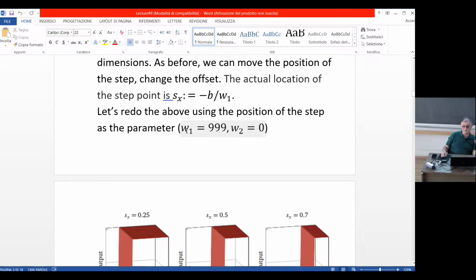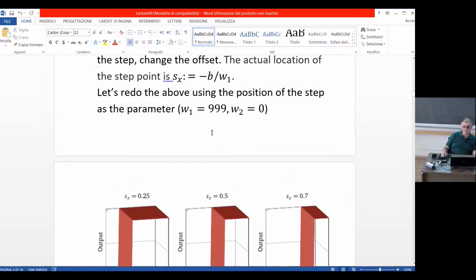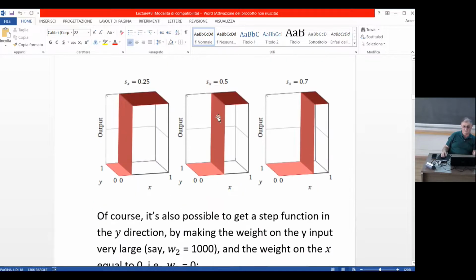So W1 is about 1000, and we should choose the corresponding b in such a manner that s_x is 0.5.